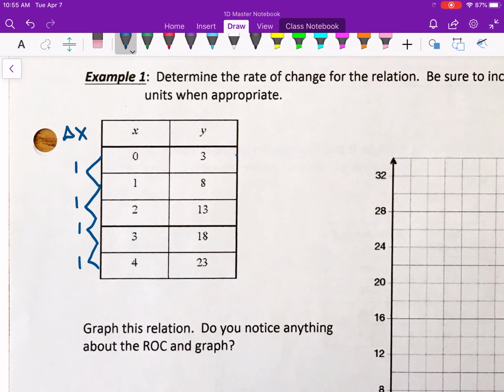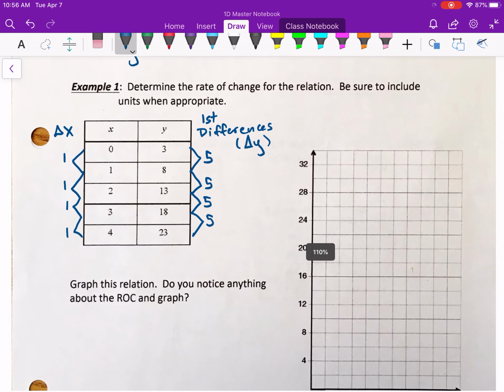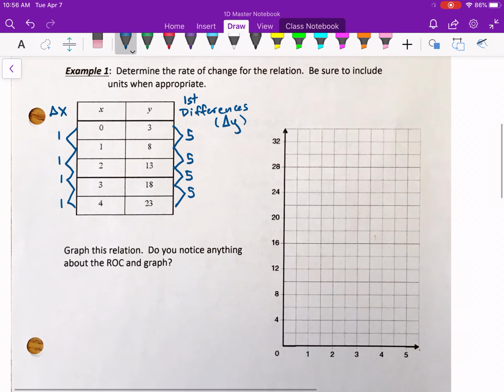And then if we look at the y's, then we're going from 3 to 8. So we're going up by 5. And then from 8 to 13, we're going up by 5 again. And 13 to 18, up by 5, and so on. That's called, remember, first differences. But that's also delta y, change in y. But we have a name for it, first differences. Okay.